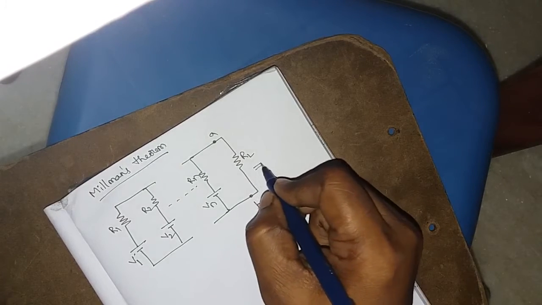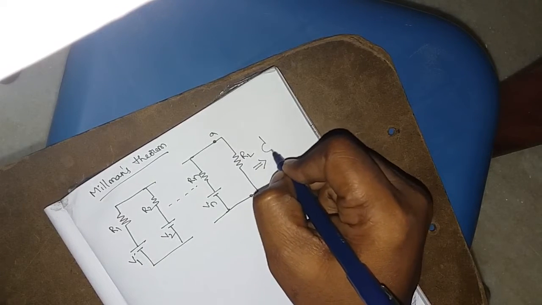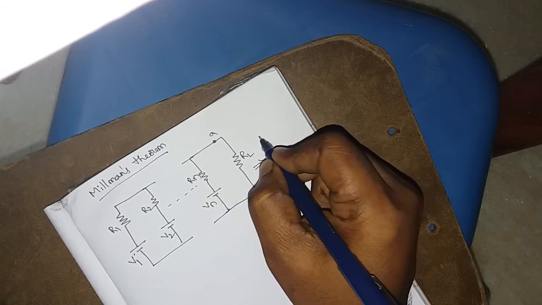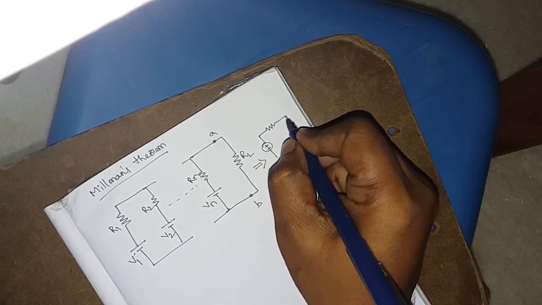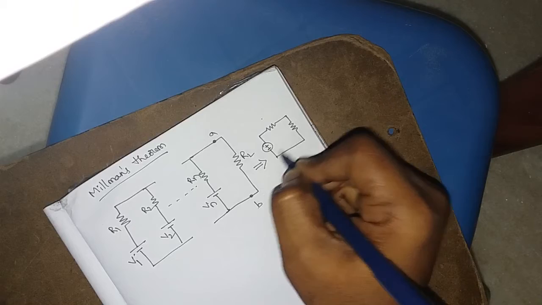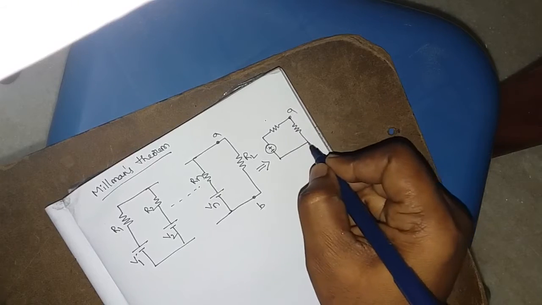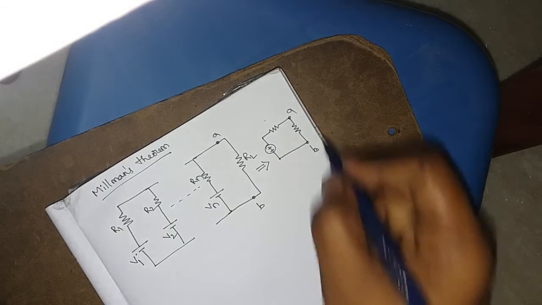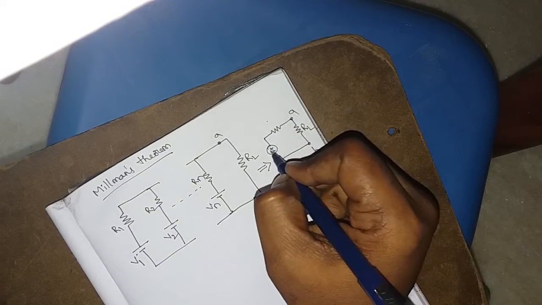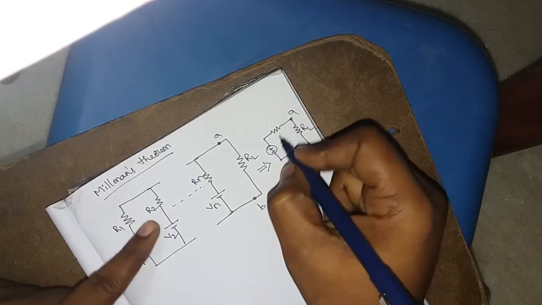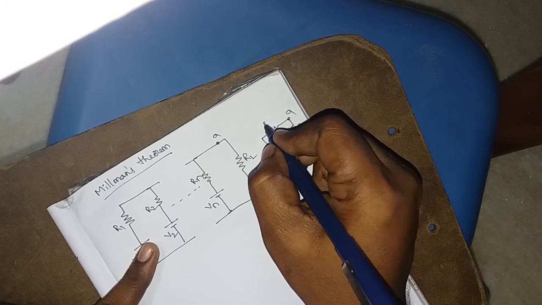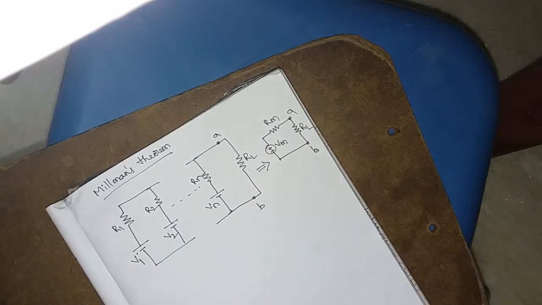This can be replaced by a single voltage source connected in series with a single resistance across the load terminals A, B. Let the value of the load be RL as it is. Here, this voltage is Millman's voltage and this resistance is Millman's resistance.